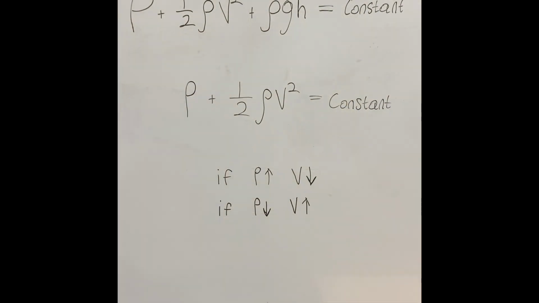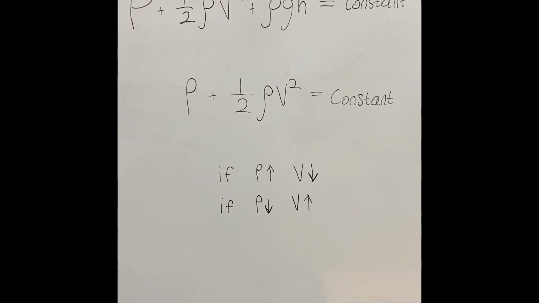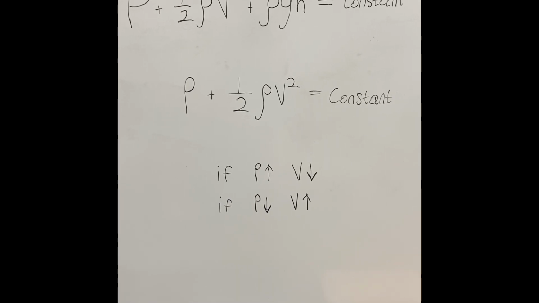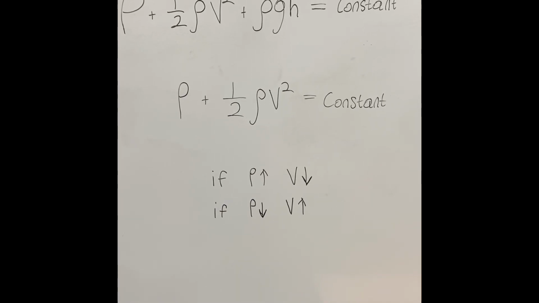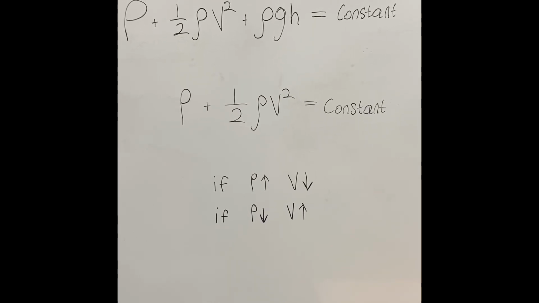The behavior of the ping pong ball can be explained using the pressure form of Bernoulli's equation, where P is pressure, rho is density, V is velocity, G is gravity, and H is height. This is equal to a constant amount of total energy per unit volume.